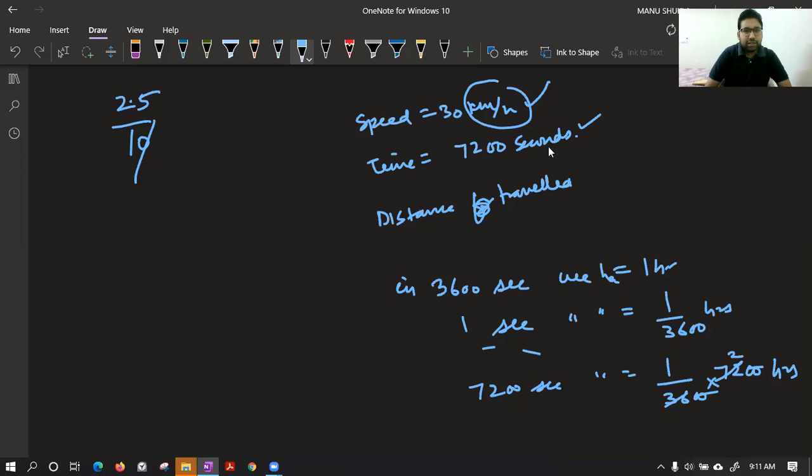Okay. You can see the speed given to you is 30 kilometer per hour and the time given to you is in seconds. So first we need to find a relation between seconds and hours.